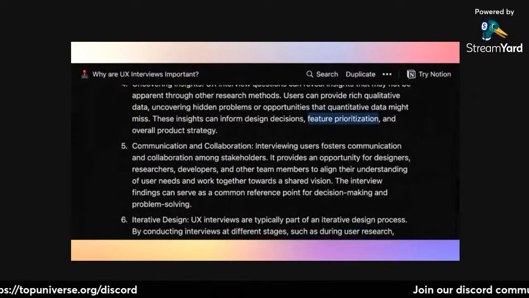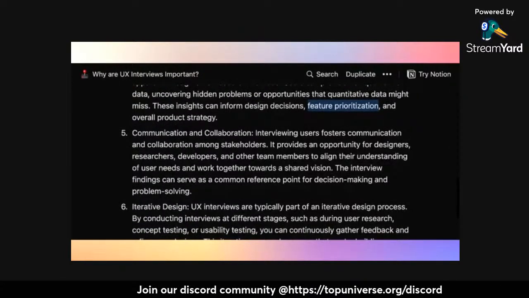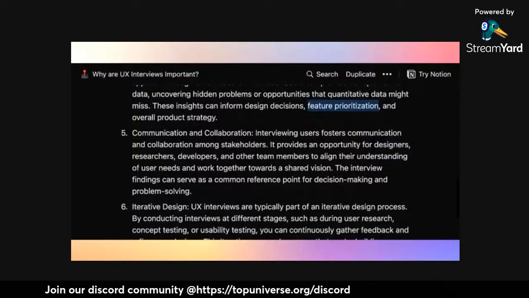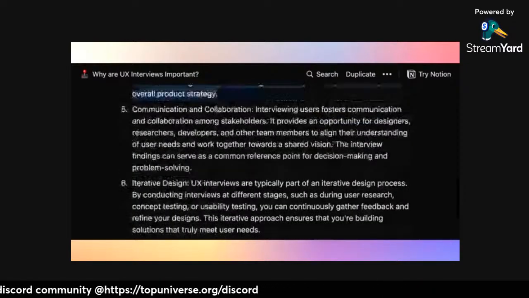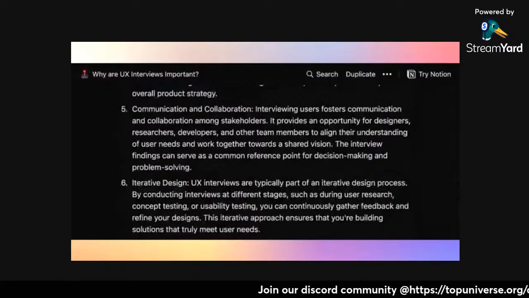All right, so we also have communication and collaboration, right? So communication and collaboration, basically, what we are referring to here is especially around the stakeholders working on the project.